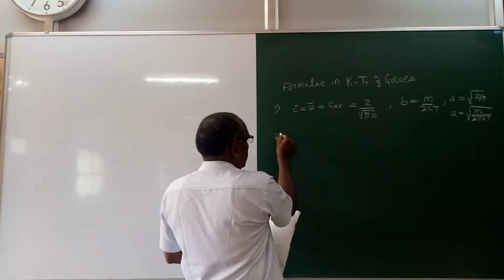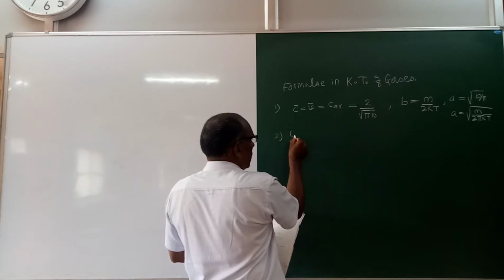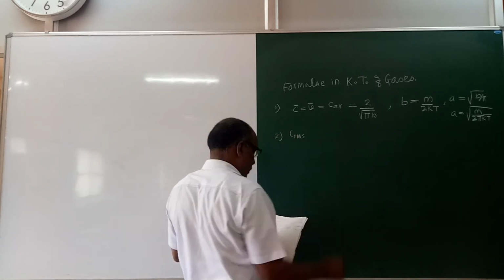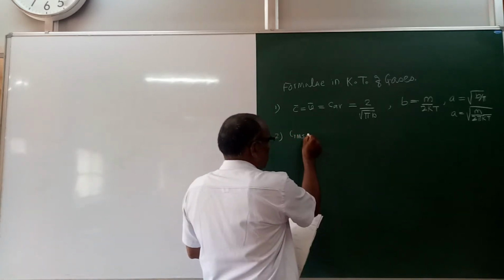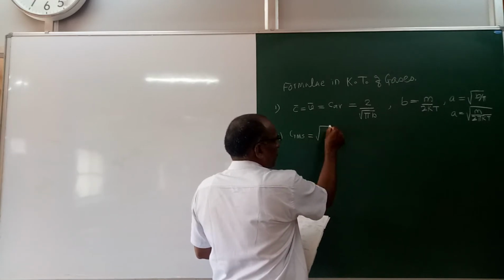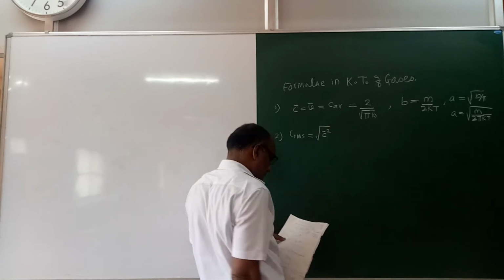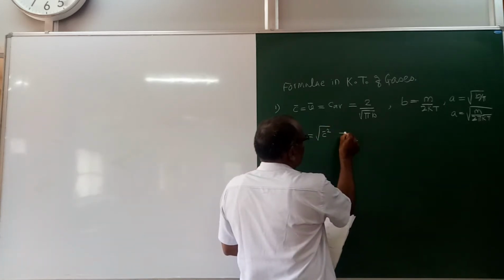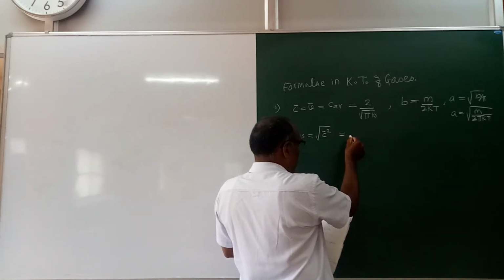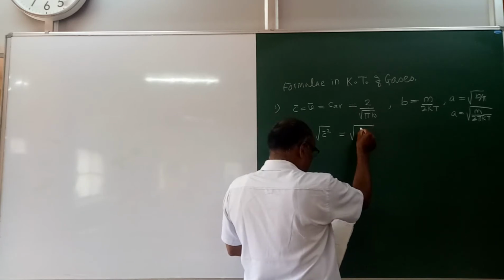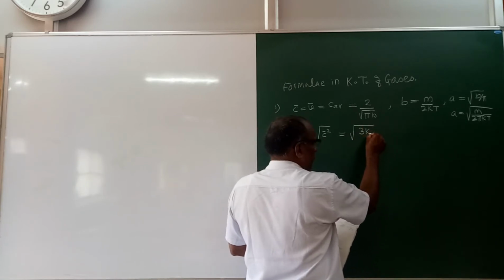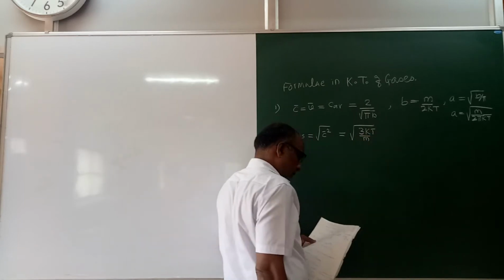The second formula, CRMS, the root mean square velocity, is equal to the square root of C bar square, given by square root of 3kT by m, small m.